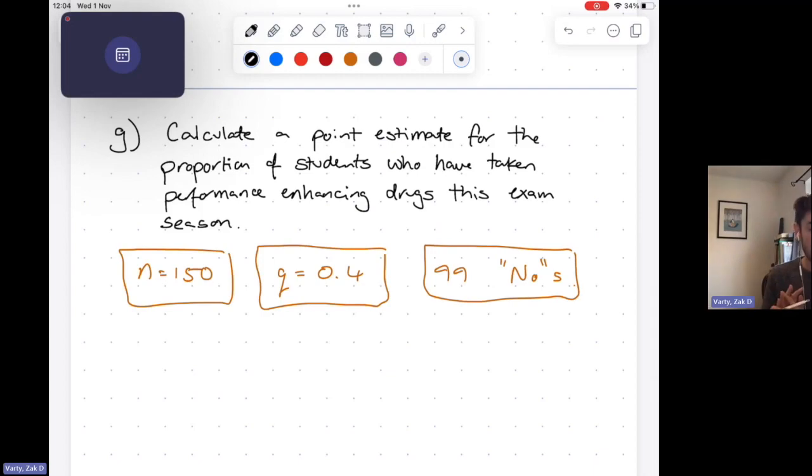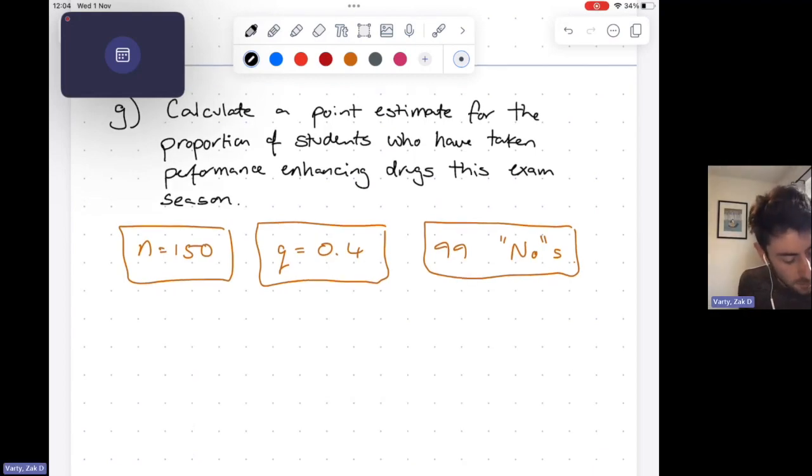Okay, and finally, we're asked to actually use some real data to come up with a point estimate for this population proportion of study drug users. And what we get is a summary of the data collected. We know that 150 students were asked, the randomization proportion was 0.4, and that we got 99 no's coming out of this as our responses.